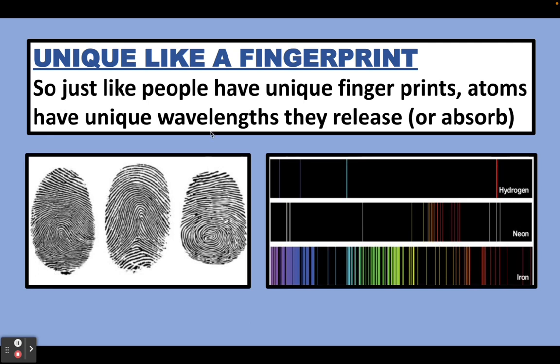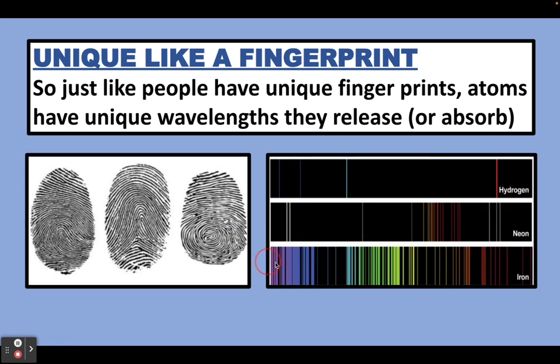So when you look at what energy is being absorbed or emitted by a particular element, only that element will produce those particular wavelengths of light. So this is like a fingerprint of an element. Just like every human has a different fingerprint to identify them, elements have different emission spectra.